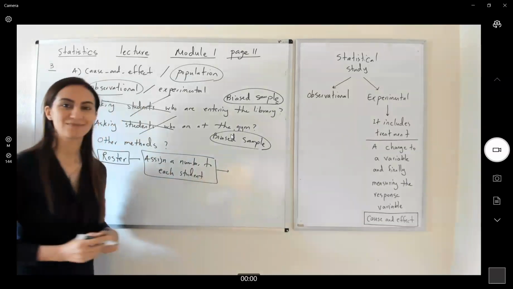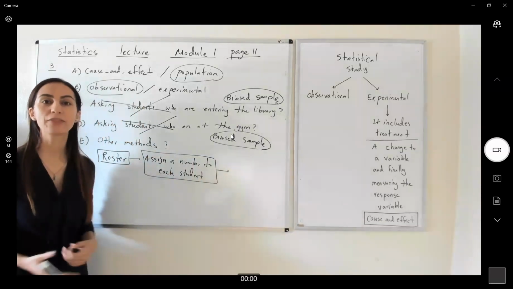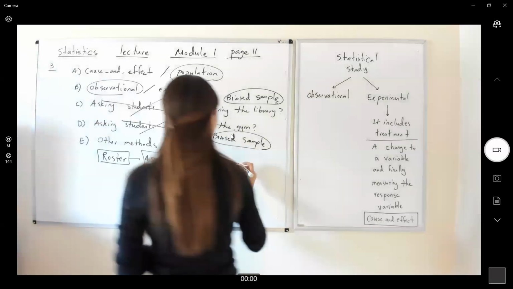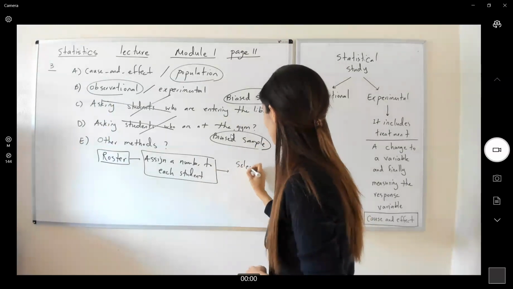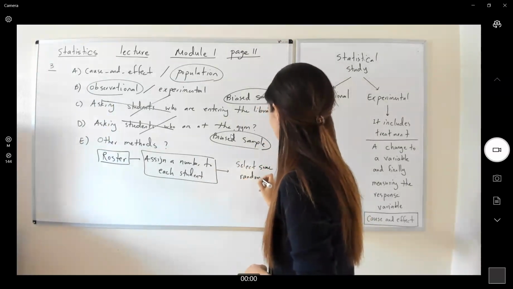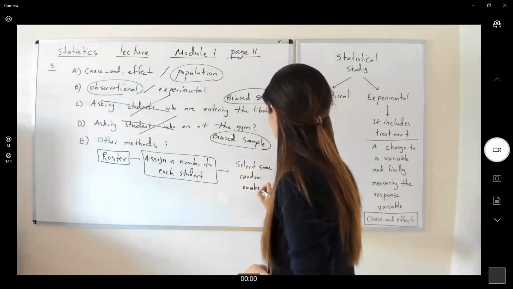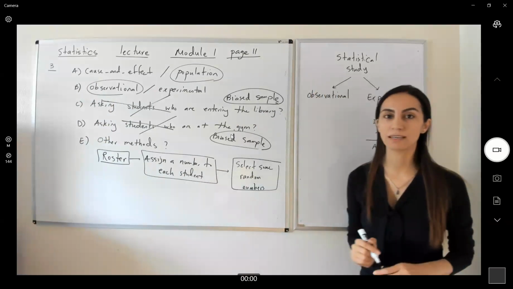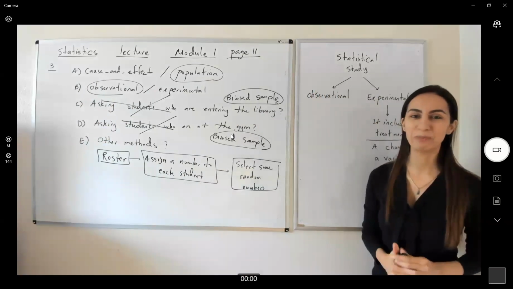Then select a random sample from that roster. Select some random numbers. This is one of the best methods in collecting a random sample.